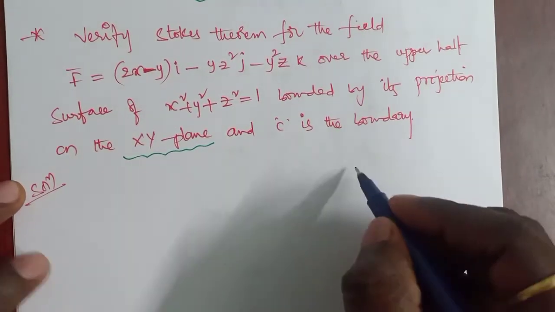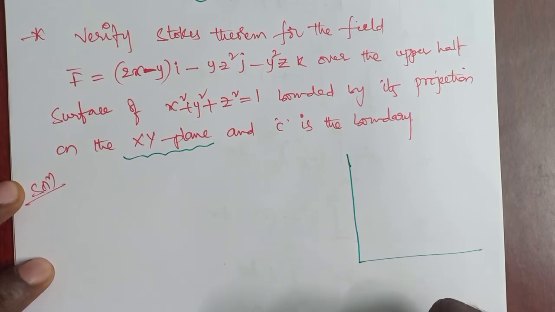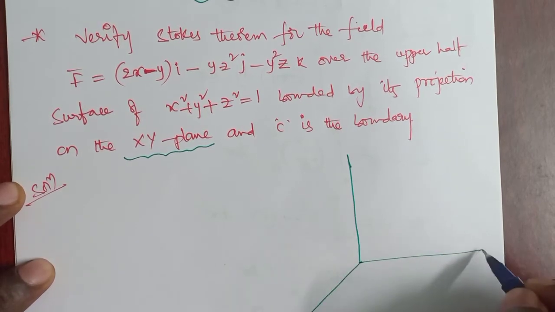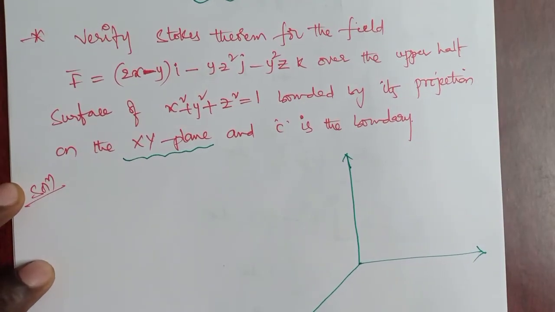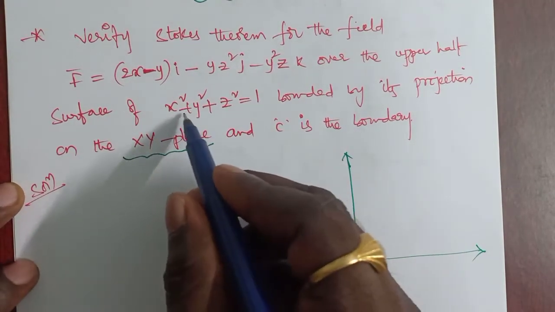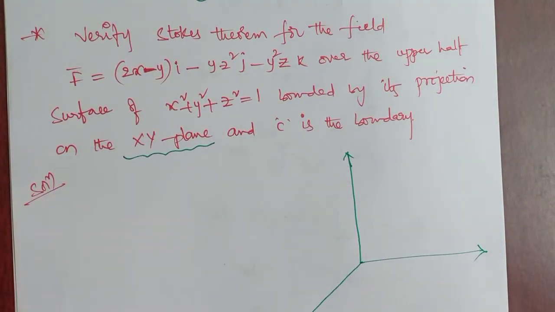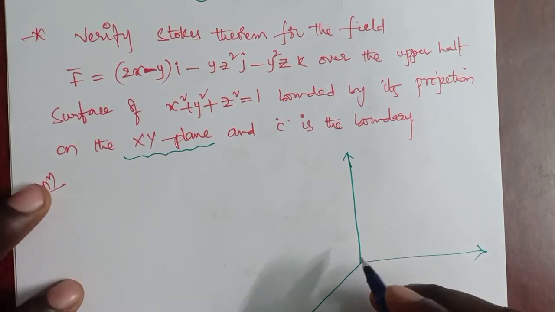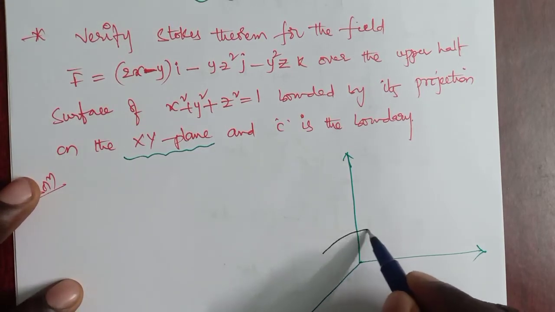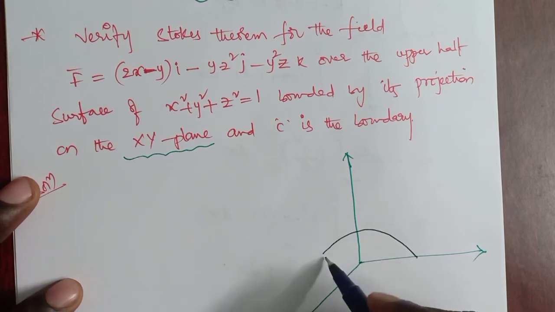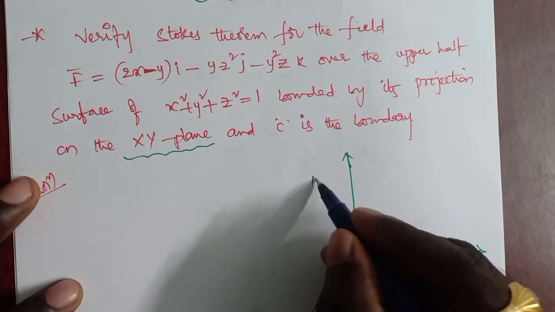Now coming to the graph, so clearly the sphere having the center 0, 0, 0 and the radius is 1. So the sphere should be like this.